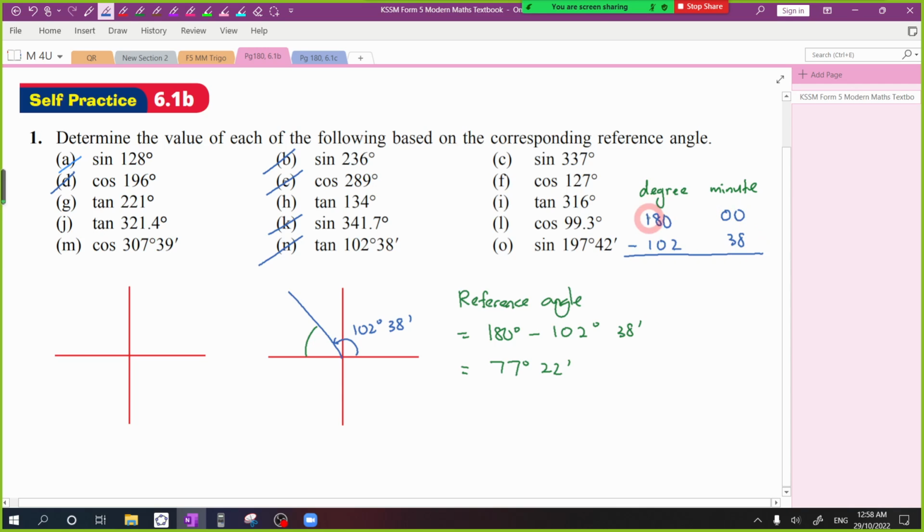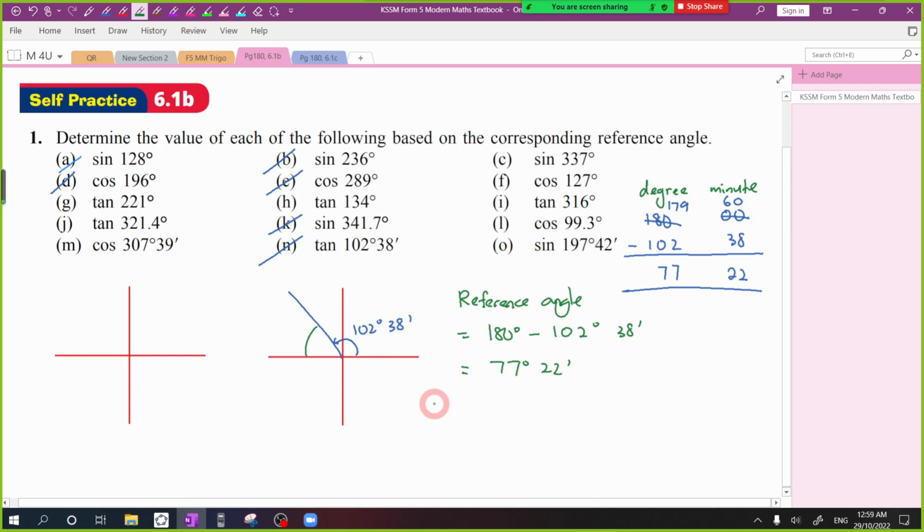So we have to borrow from here 1 degree. It becomes 179 degree. 1 degree is equal to 60 minutes. So here will become 60. So 60 minus 38, you will get 22. 179 minus 102, you will get 77. Okay, so this is the way how we calculate manually without using our calculator. 77 degree and 22 minutes. Okay, next step.